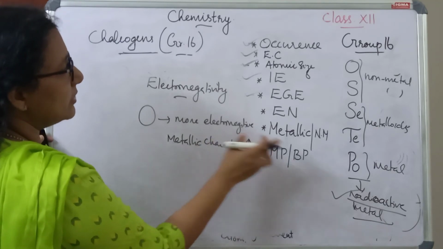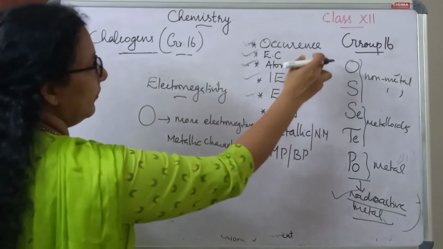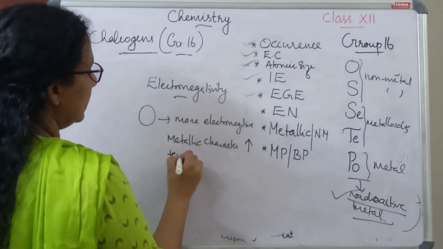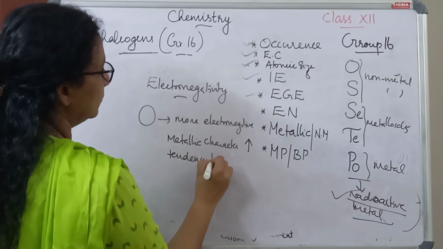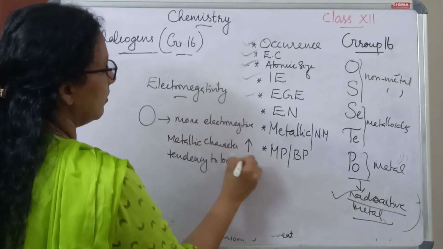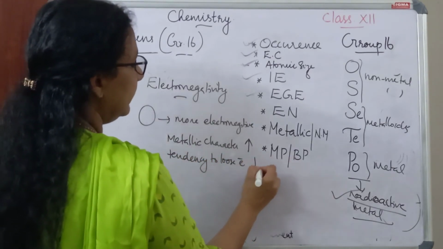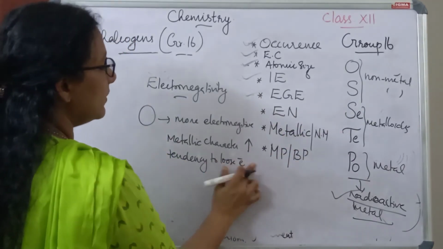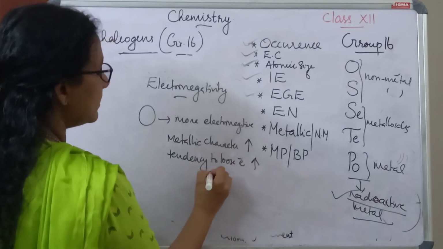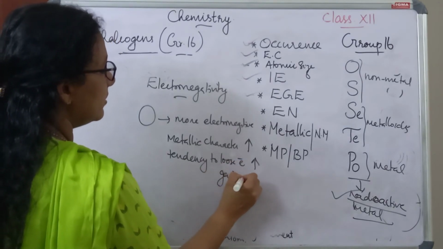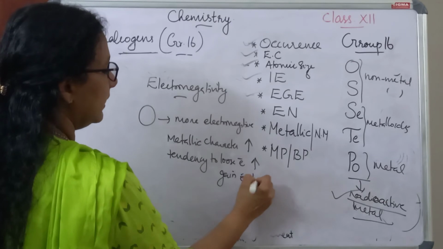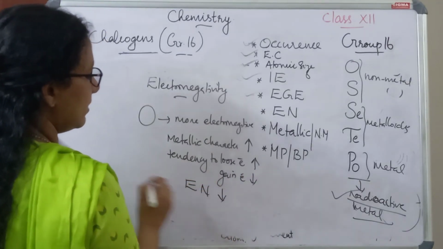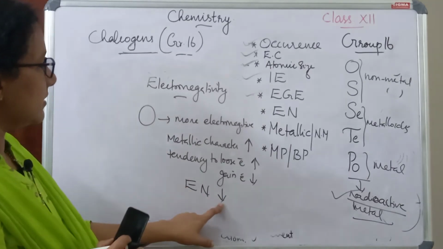So the tendency to lose electrons will be more when we are coming down the group, and the tendency to gain electrons will be decreasing. So electronegativity decreases down the group.